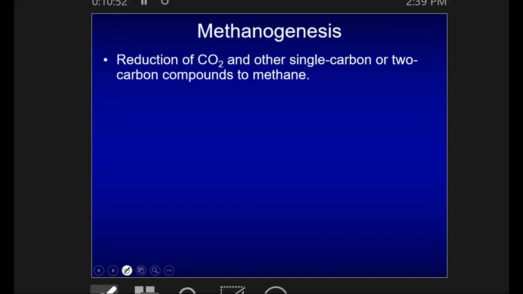They can take other things, but CO2, they can use a few other molecules, either single carbon or two carbon compounds as their starting point, and they'll end up making methane off of it. And so as far as we know, it's only cells or species in the domain Archaea that can do this. And they give them a special name. They say they're methanogens because they're generating methane.